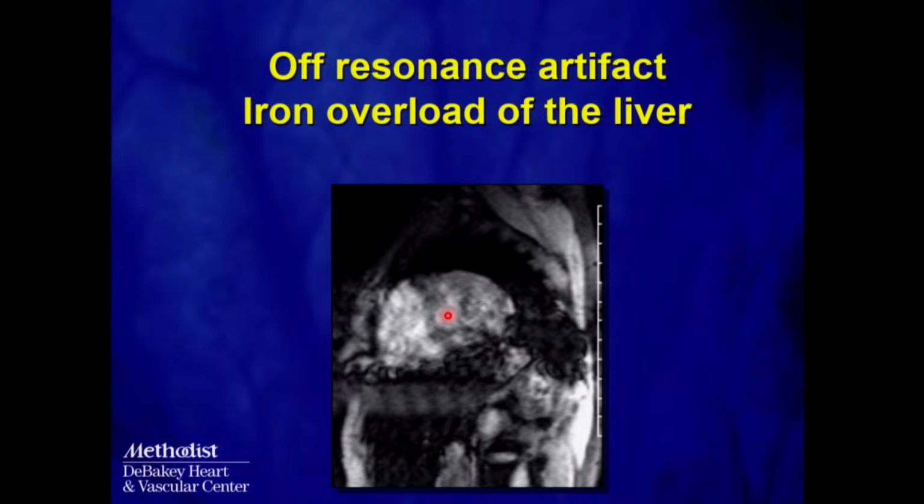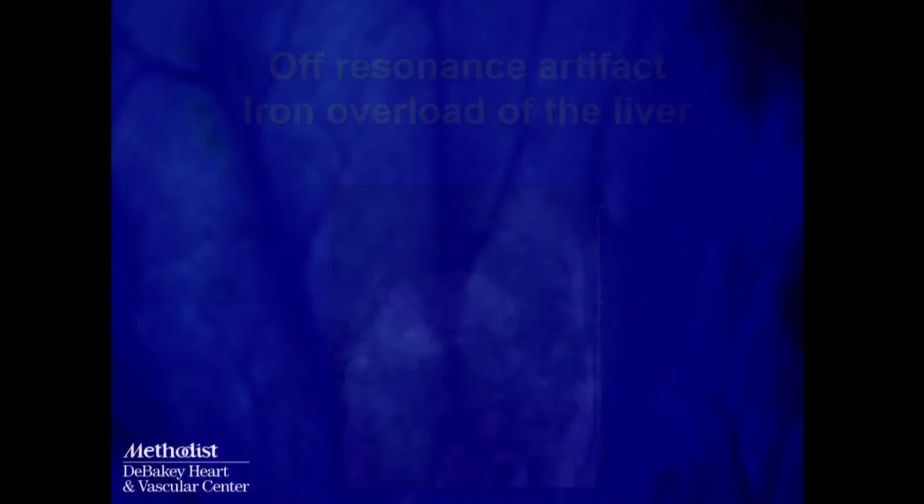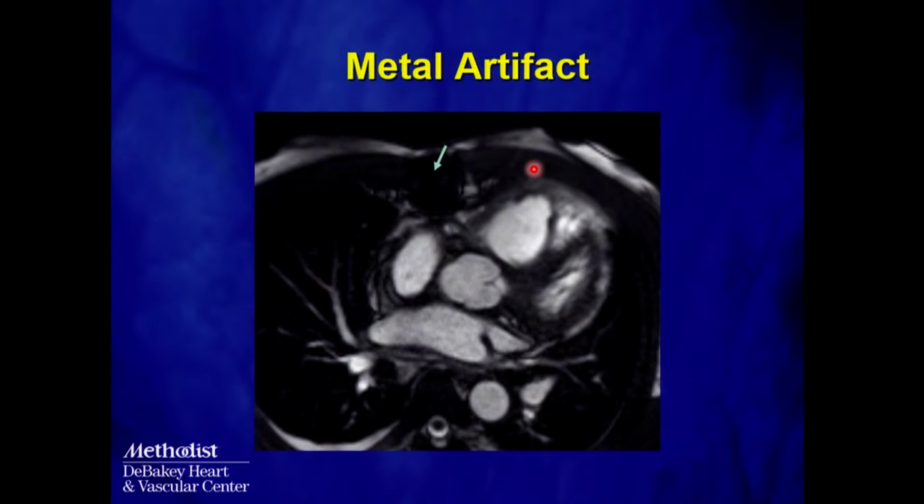Also, for people who get IV iron treatment, we normally wait before we send them for a cardiac MRI because they're going to have a lot of magnetic field inhomogeneity. You're not going to be able to accurately assess their cardiac function or see the walls well. So for people who got treated with iron, you need to wait at least 30 to 60 days before you can consider them for a cardiac MRI because of the off-resonance artifact.